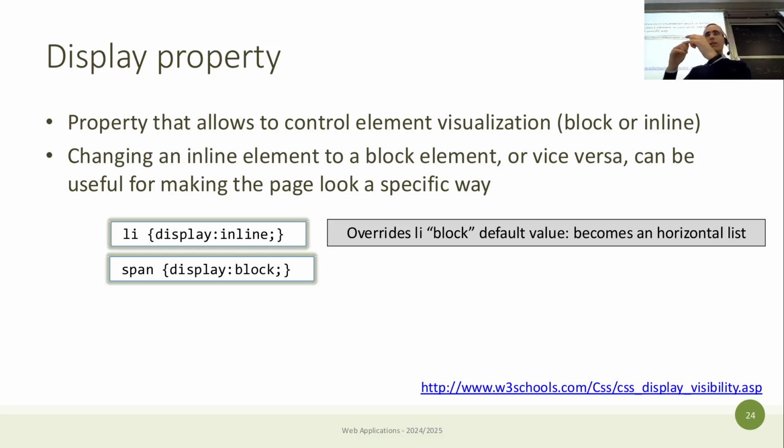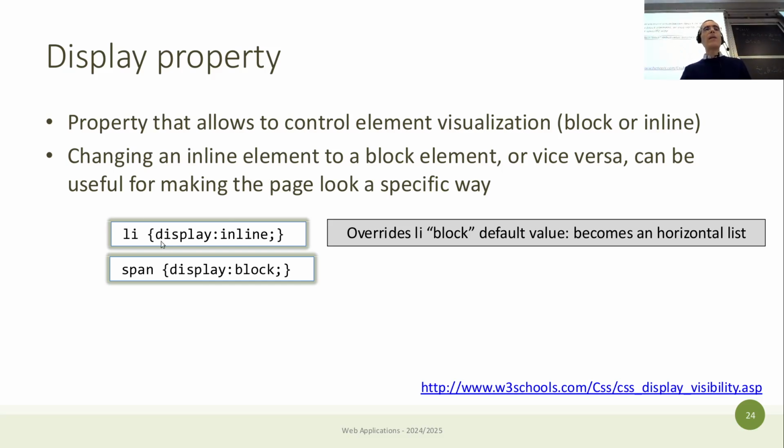Also because they are useful in an indirect way later, also with the library and the framework. So that's a display property that we already saw before. It doesn't affect the appearance in terms of color, shape, and stuff like that, but it affects the positioning. Okay, so this property allows to control how the element is visualized, so where it is put in the page.